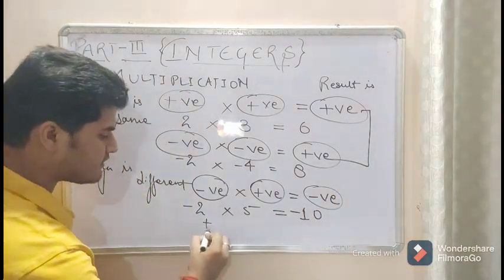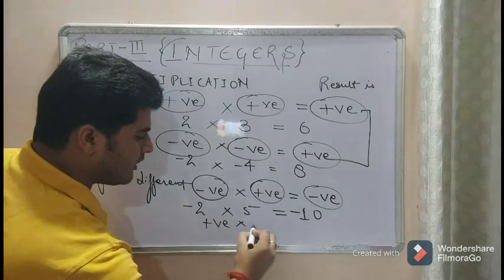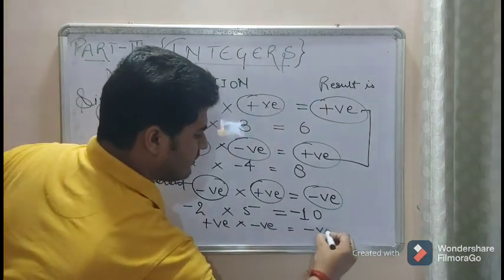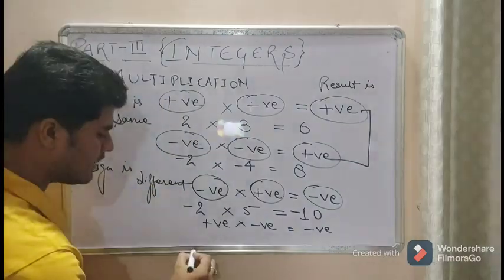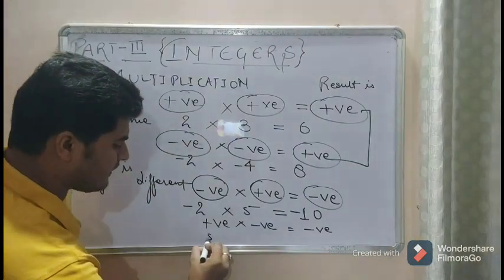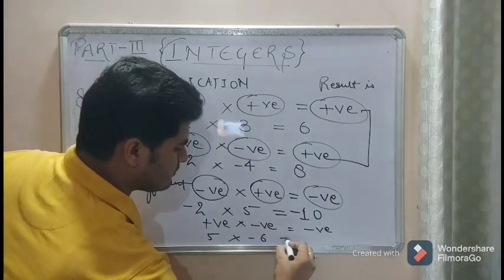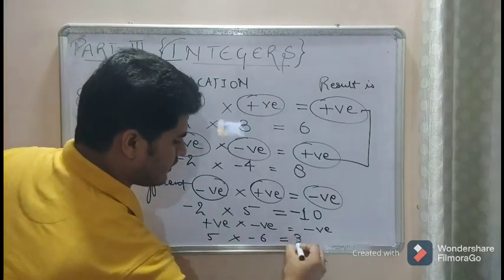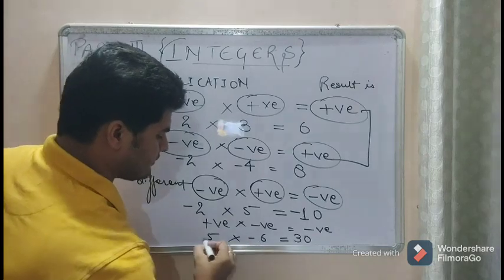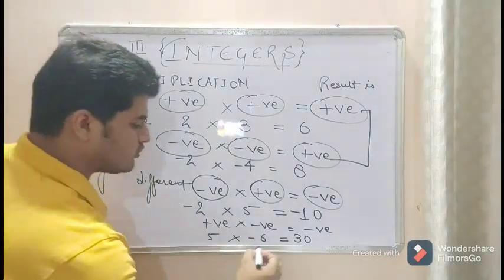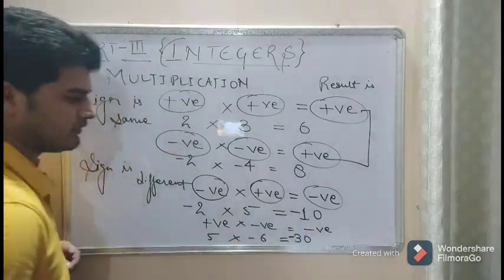Again, if you take a positive and multiply it with a negative, the result is again going to be negative. For example, you took 5 and multiplied it with minus 6. So 5 sixes are 30, and plus into minus will give you minus 30.